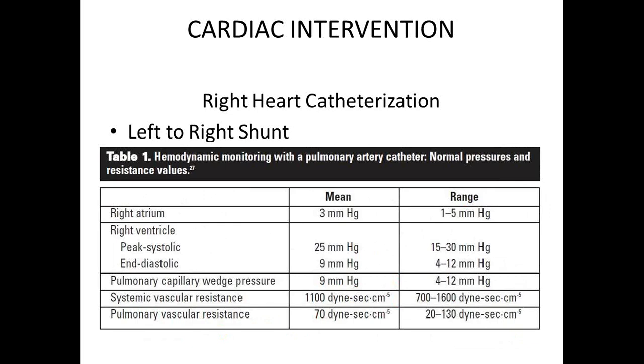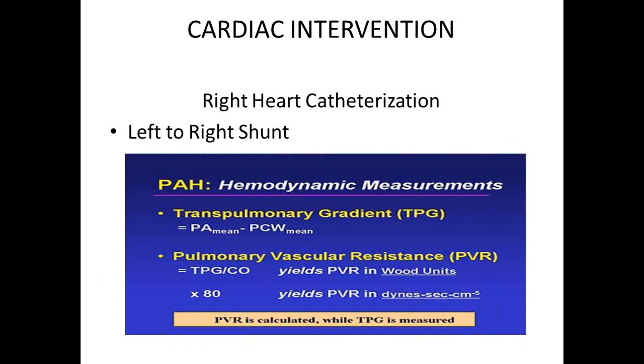That is the resistance to blood flowing into the aorta from the left side, and then from your right ventricle, the pulmonary vascular resistance is going to tell you the resistance that the right ventricle is going to be faced with when it's pumping. And so one of the things that we do when we do right heart cath is to do pulmonary vascular resistance measurements.